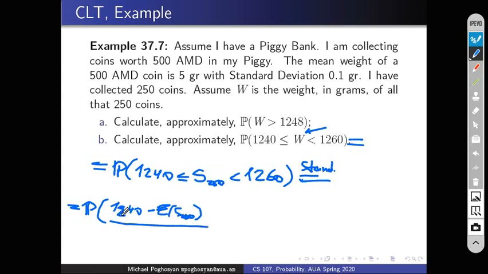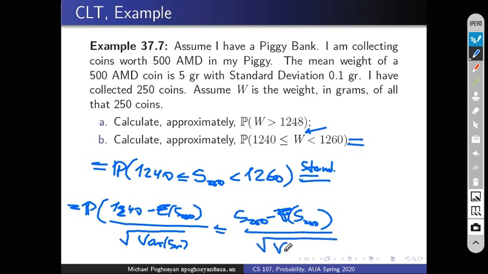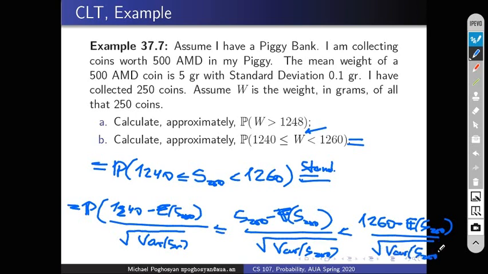So this is minus 10 over the square root of the variance of Sn, which is less or equal than S250 minus the expected value over the square root of that variance. This is the standardized version of S250. And this is less than 1260 minus the expected value of S250 over the square root of the variance of S250.